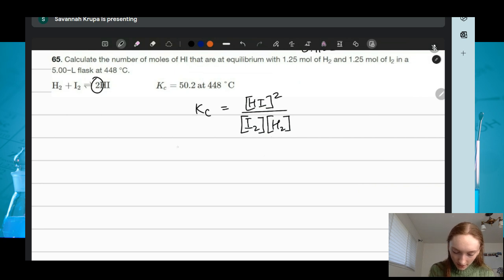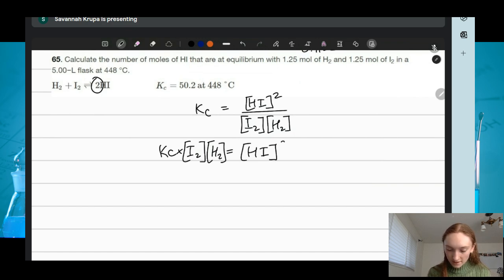So it'll be Kc times I2 times H2 equals HI squared. And then I'm just going to switch this around, putting this over here since I like to solve for things on the left. And then if we square root this, we can solve for the molarity of HI.